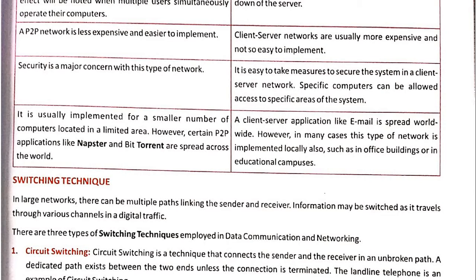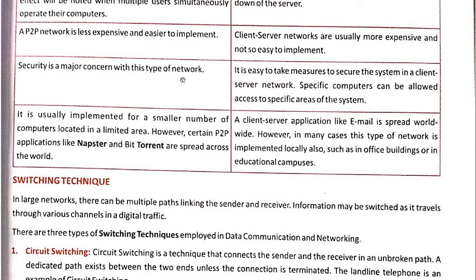Each state again has its own server, and those servers provide access to the resources to all districts, villages, towns or cities. So client server is a very expensive type of network architecture.